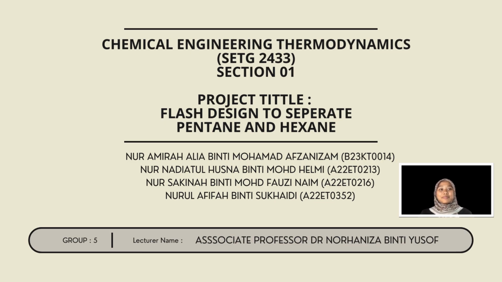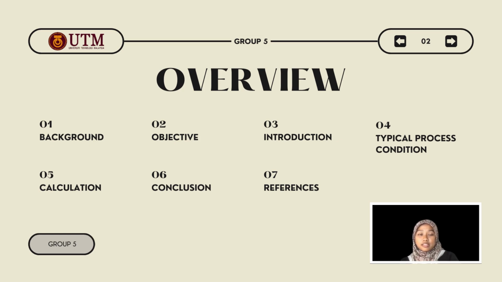The overview of this video is we're going to talk about the background, the objective, and the introduction to what a flash column is. Next, we're going to talk about the typical process conditions, which are the common properties like pressure or temperature that we need to use to separate hexane and pentane in a flash column.